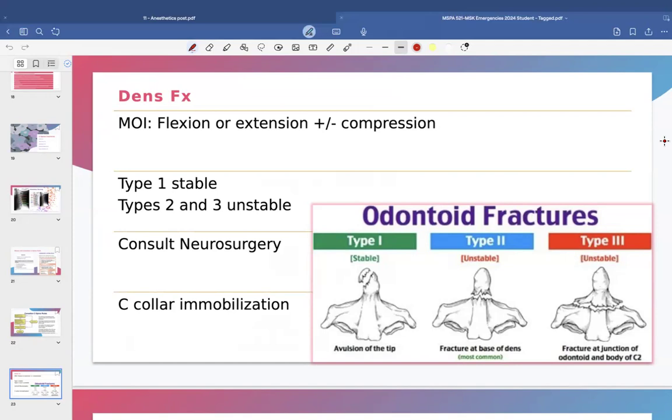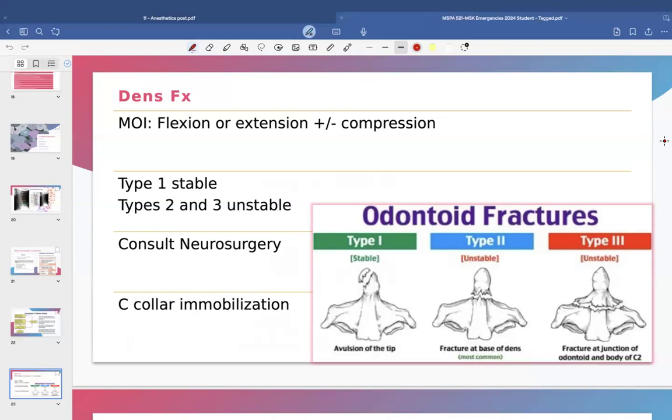Your type 2, you're fracturing at the base of that process, the base of the dens. This is your most common. It's also unstable because you are able to then slide around much more. Obviously, the lower you go, if you're going toward the junction of the odontoid and the base of C2, you're at type 3, and that is another unstable.